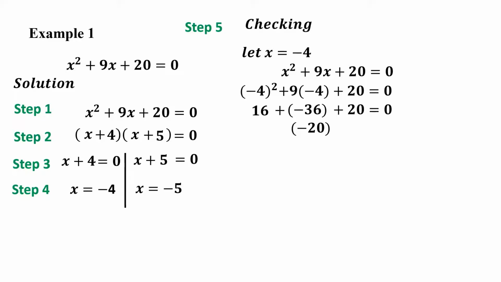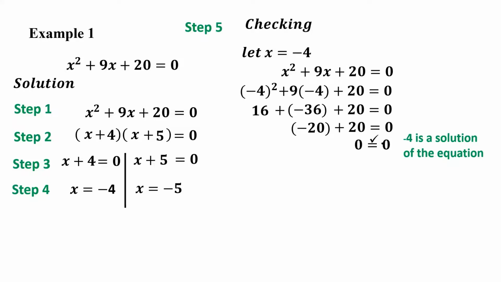Since 36 is greater than 16, therefore, the sign of the answer will be negative. So we have -20 plus 20 is equal to 0. Then, 0 is equal to 0. Therefore, -4 is a solution or root of the given equation.